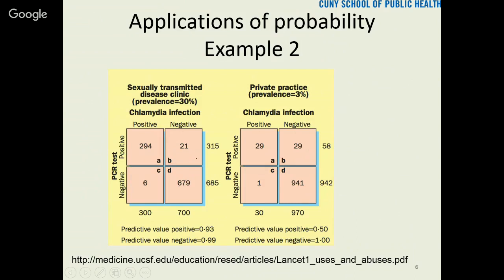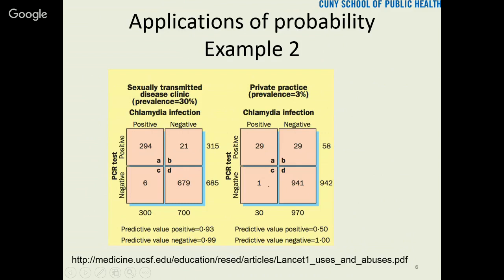So if you look at this clinic, it's exactly one third, 300 out of 1,000 are positive and 700 out of 1,000 are negative. And it's only 1/10 the prevalence in this other population.